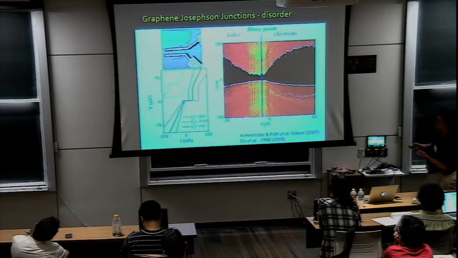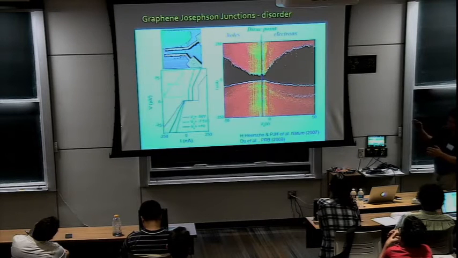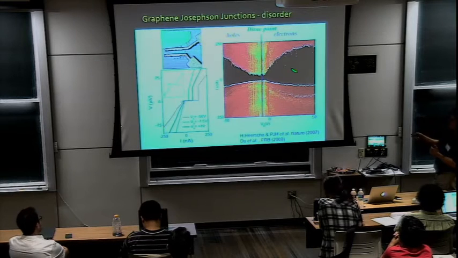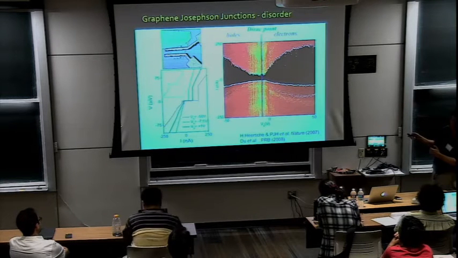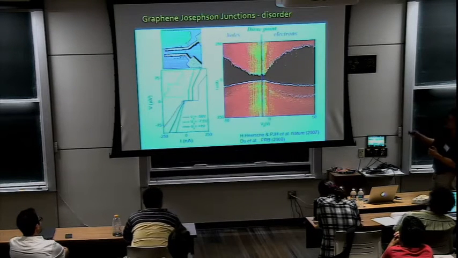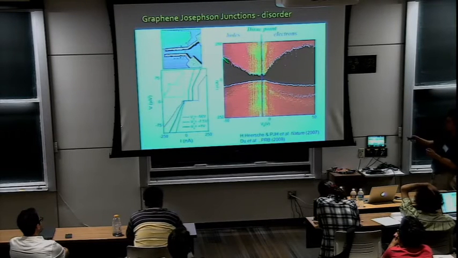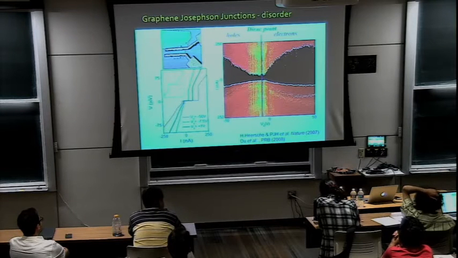In this color map, I'm plotting the differential resistance of this Josephson junction. Dark means 0 resistance, so superconducting state, and red means finite resistance. You can see that the supercurrent can be modulated with gate voltage, and it's in fact bipolar. You can make a hole supercurrent or an electron supercurrent. It's finite at the Dirac point.